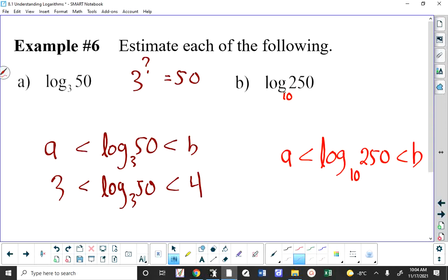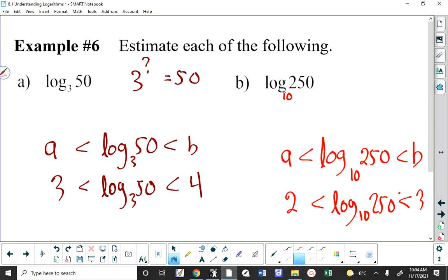Well, that's saying, to what do you raise 10 to get 250? 10 squared is 100, 10 cubed is 1,000. It must be between 2 and 3. So what I'm writing here is the answer to the question. The estimate of log base 10 of 250 is it lies between 2 and 3.